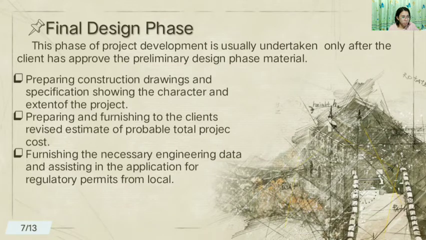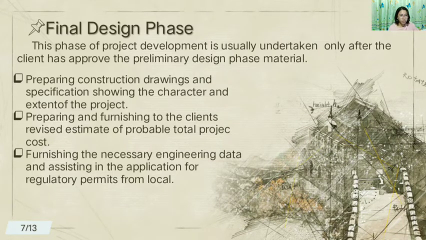So what are those services under this phase? Preparing construction drawings and specifications showing the character and extent of the project. Preparing and furnishing the client's revised estimate of probable total project cost.